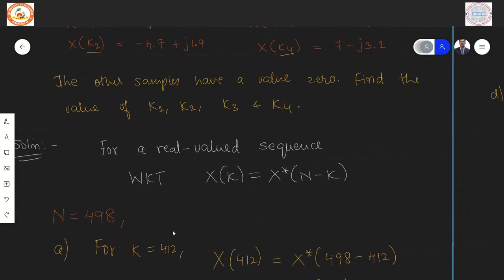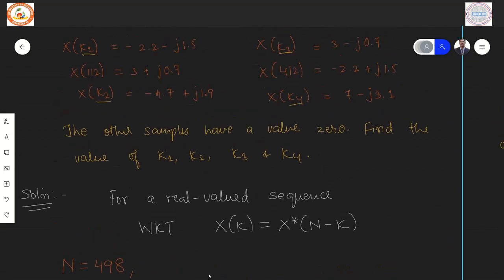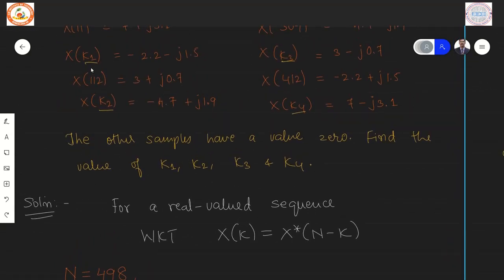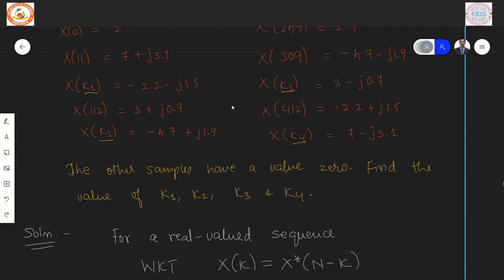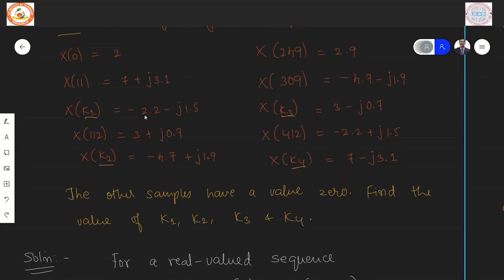Now, considering the value of n, which is equal to 498, first let us evaluate the value of k1. Now we observe that the point which is matching with the value of minus 2.2 minus j 1.5 is the x of 412, which is complex conjugate of that. So let us begin with that particular k value.